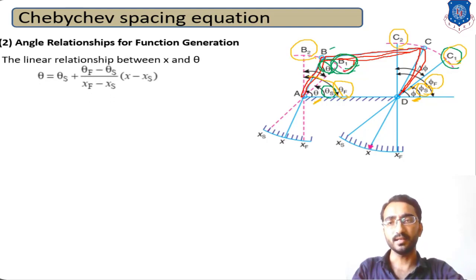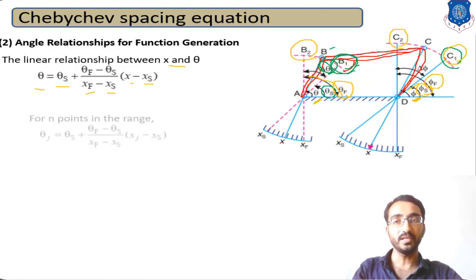Now the linear relationship between x and theta can be found by the simple equation: theta is equal to theta starting plus change in theta, final to starting, upon x final minus x starting, into x minus xs.